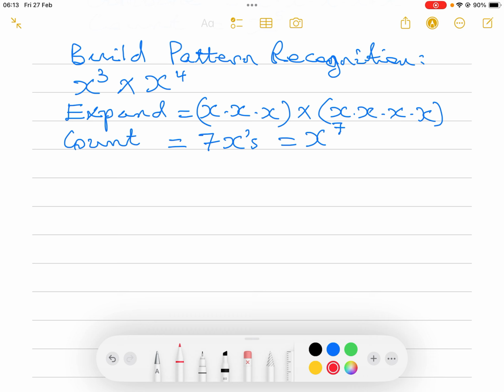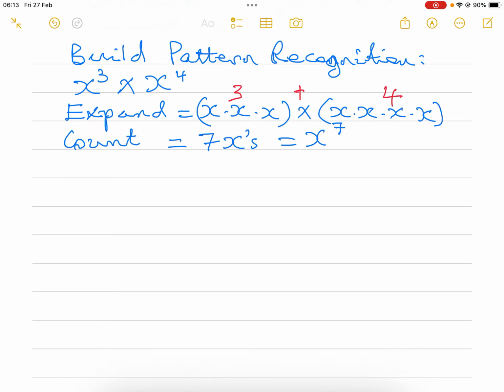What happened to the powers? Here we had 3 and here we had 4.